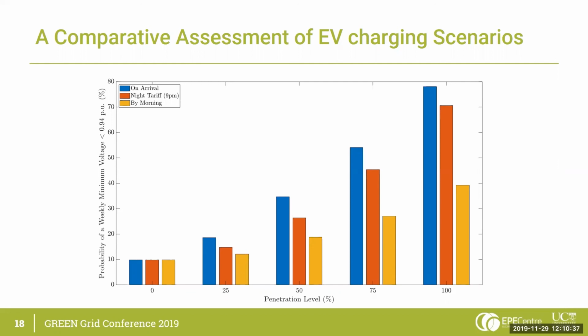Due to variation in vehicle departure times in the morning, and also the arrival state of charge that they arrived home with, the by-morning strategy maintains this natural diversity. So that's one of the things we can leverage naturally in order to improve the performance of the network.